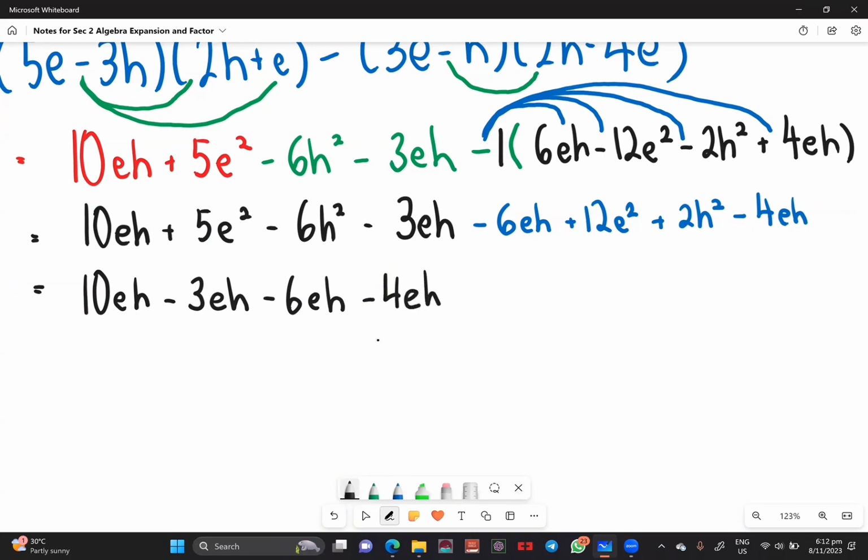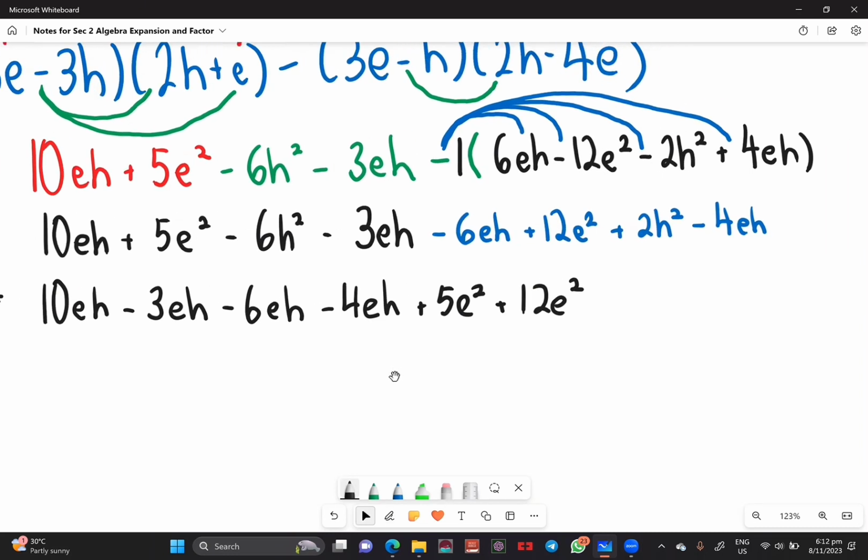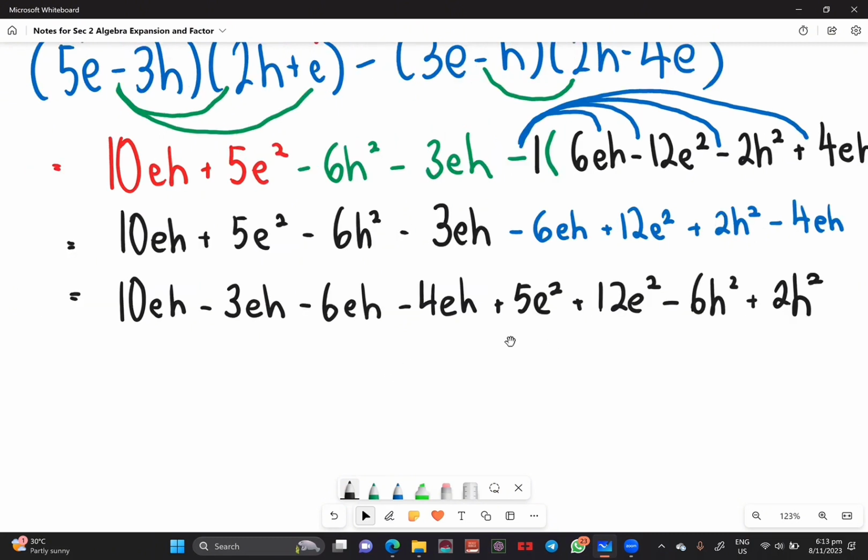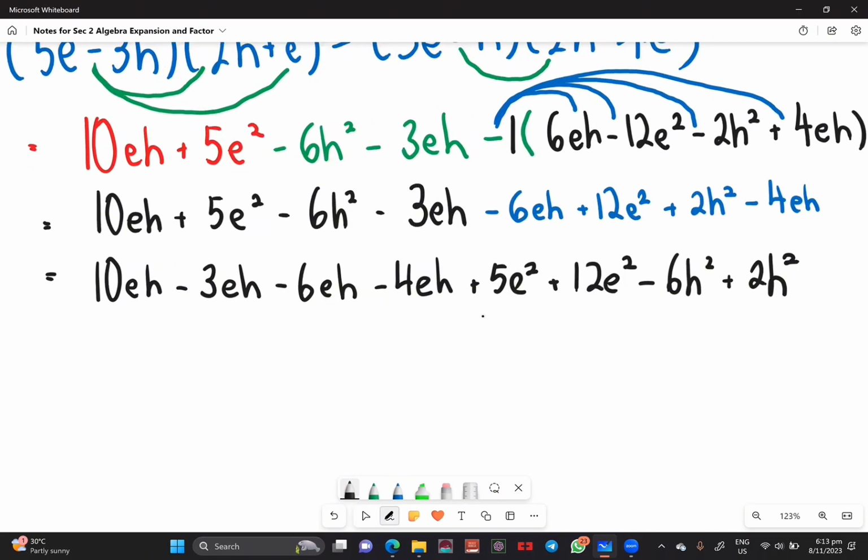Once you are done gathering all of the eh, you look at your next one, which is 5e squared. So I put 5e squared over here. I gather all of my 5e squared. Okay, done. I look at negative 6h squared. I gather all of my h squared. And that's it. Okay, so now that I'm done rearranging, I can start calculating.